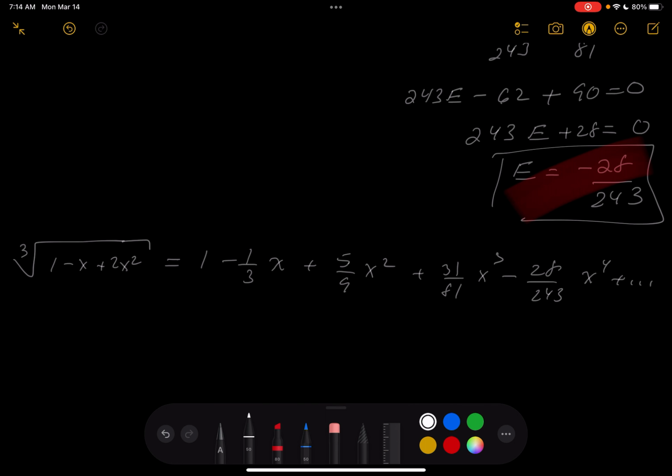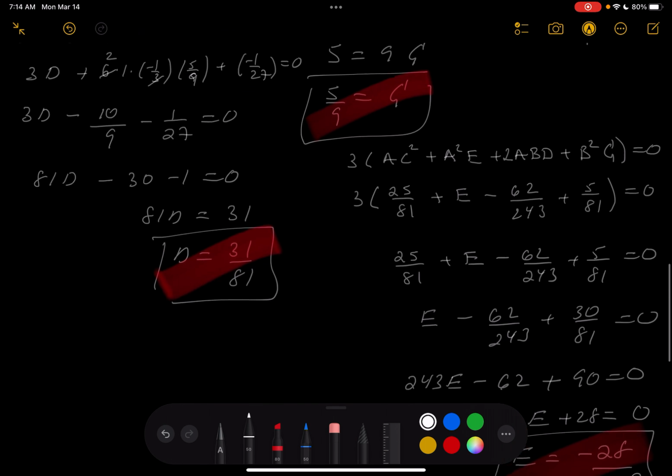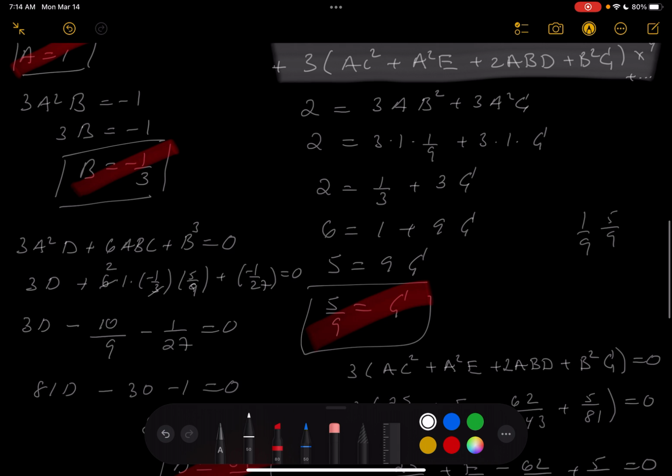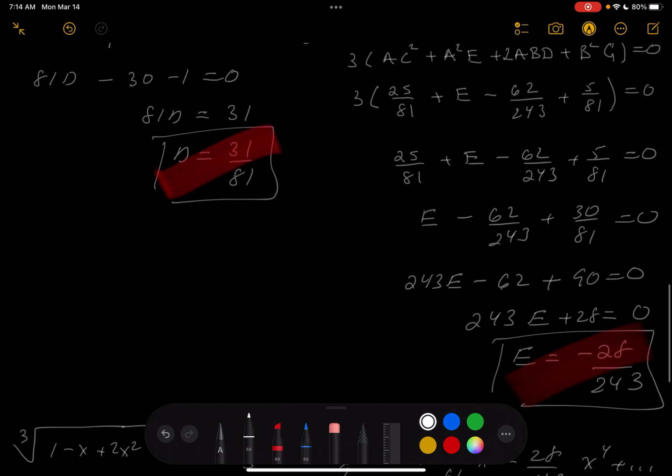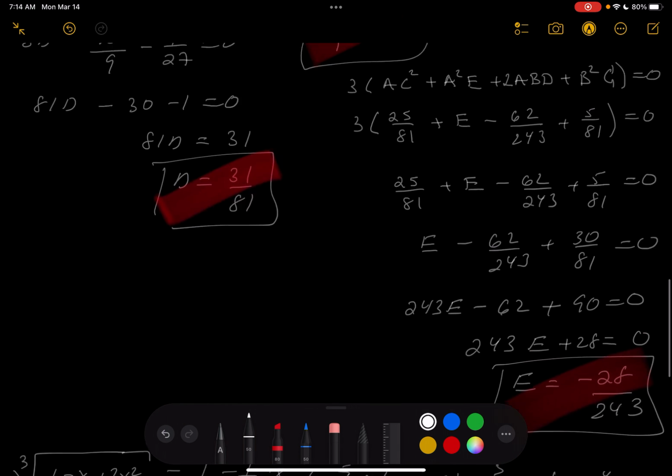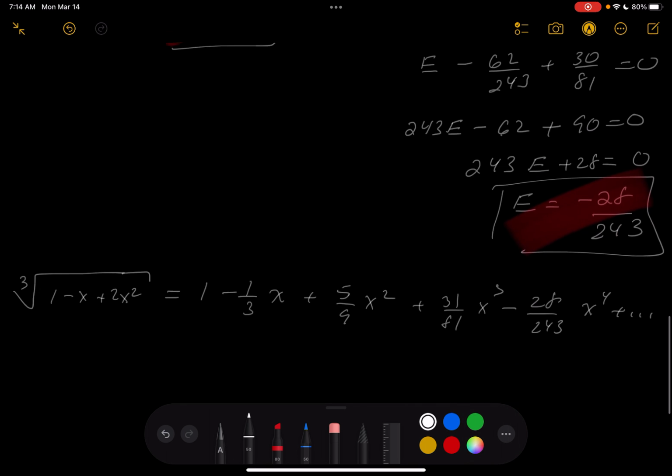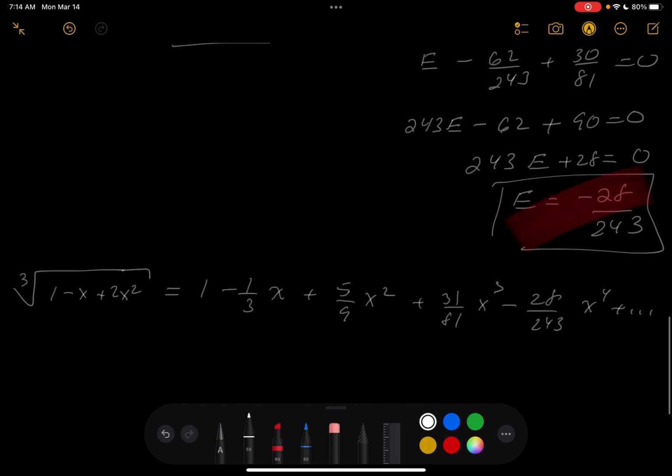It goes on forever. Now, again, I want to make sure I copy some numbers down. Go look at the key again. A was 1, B was minus 1/3. I got that. C was 5/9. Yep. D is 31 over 81. And E was minus 28 over 243. Yeah, this is the answer.